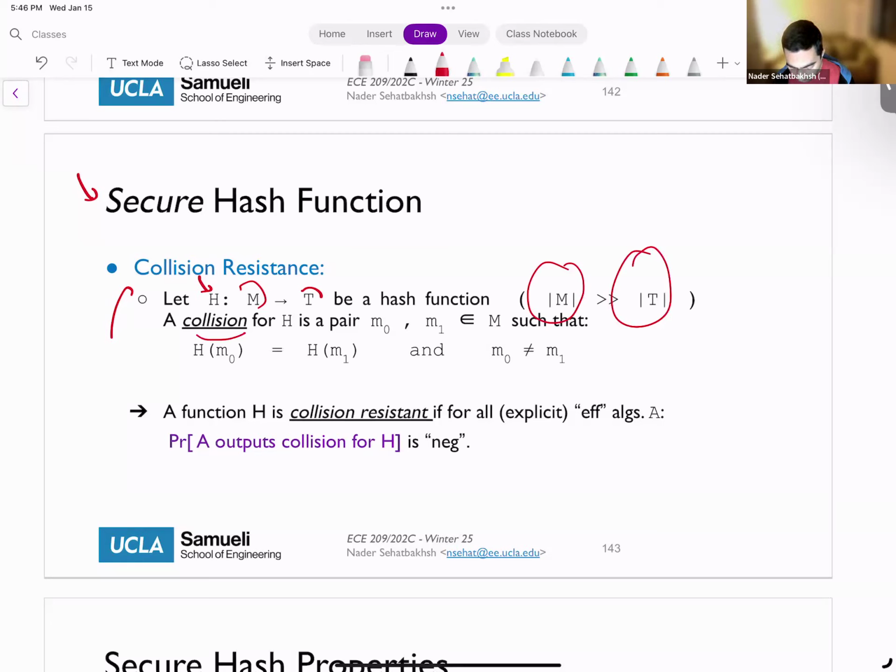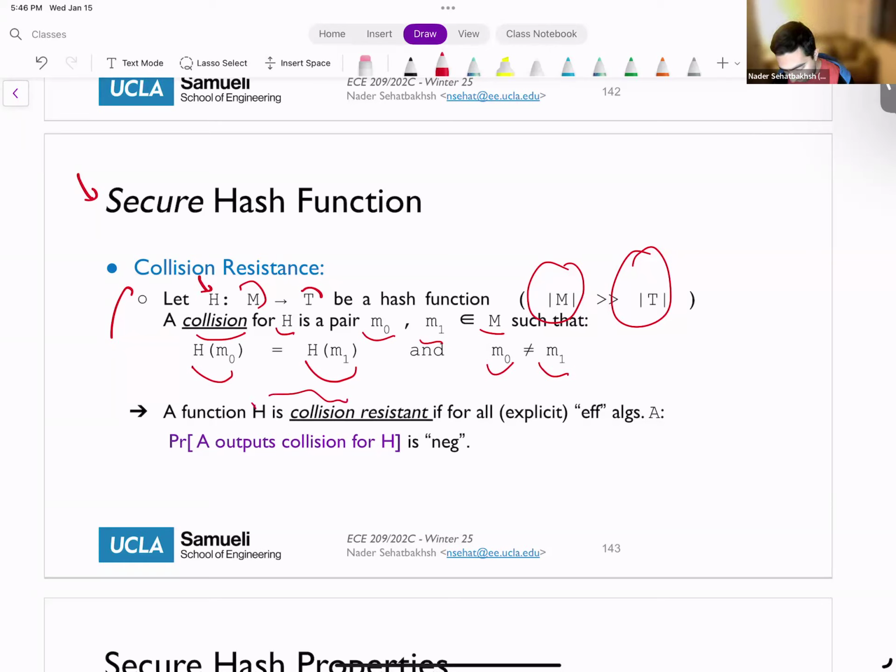First of all, we define a collision for function h as a pair of m0 and m1 in the M domain such that hash of m0 and hash of m1 are the same, while m0 and m1 are not. Okay?